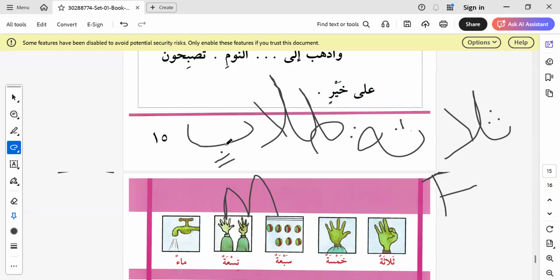Number 3 is that your ma'dud, the one you are counting, will be nakira. Number 4 is that your ma'dud will be plural when you are counting from 3 to 10. So those are the 4 points you need to take note of.